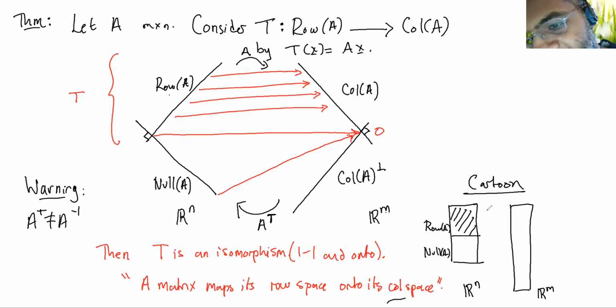What this is saying is that this row space is going to get mapped to some subspace of Rm isomorphically by A. So when you restrict A to the row space, it becomes an isomorphism. Any questions about the statement? I'll do the proof on the next slide.